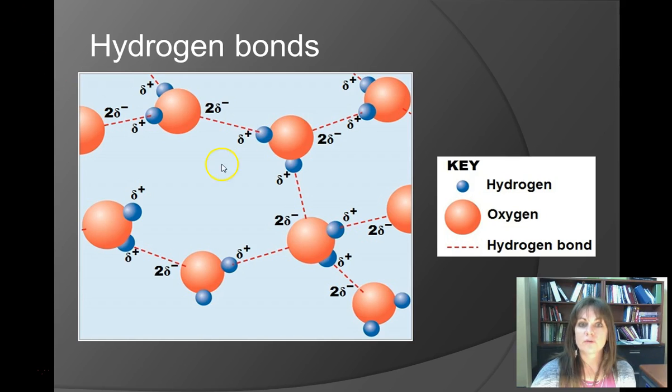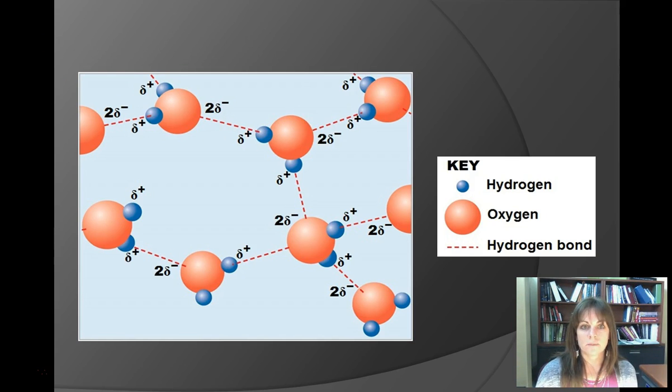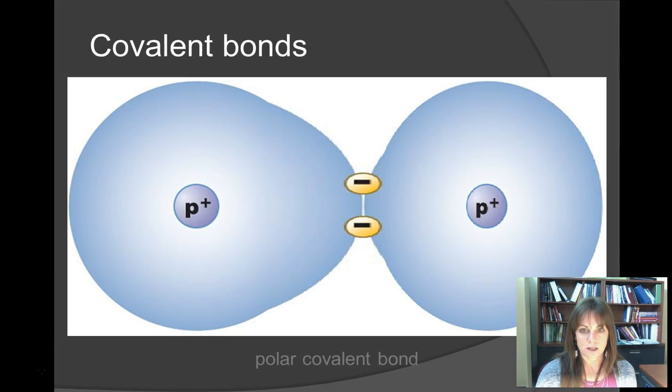First, let's move to this one here. Let's backtrack a minute to polar covalent, which we just discussed, but we're going to build on that. Let's remind ourselves of what that is.